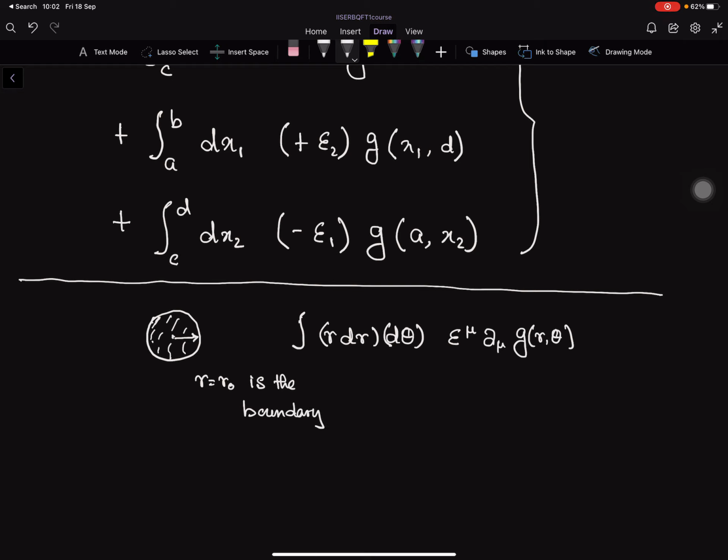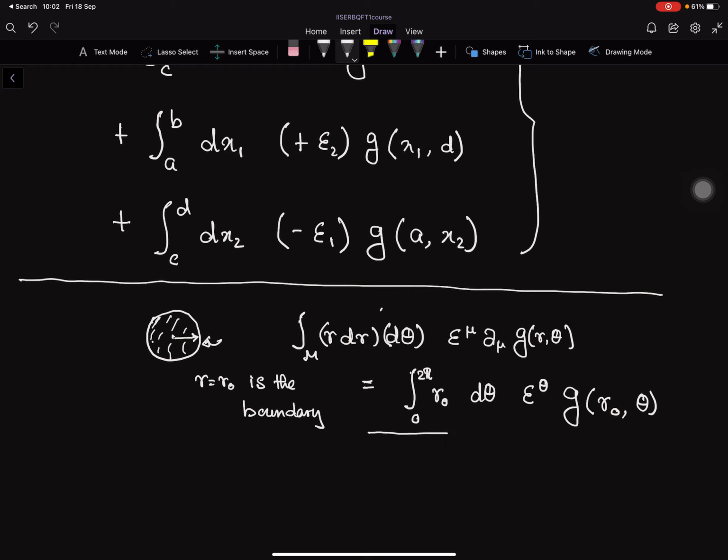So if this is the case, then this integral integrated over this range M is the same as r0 times the integral of d theta, where d theta now takes values from 0 to 2 pi, epsilon theta g of r0 and theta.